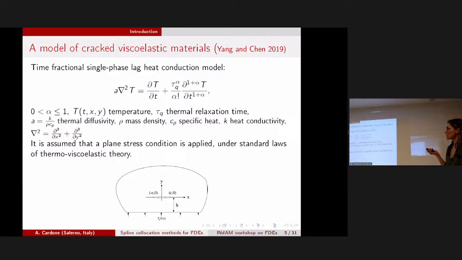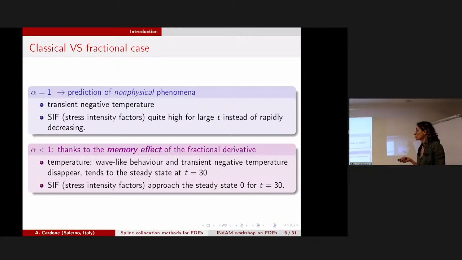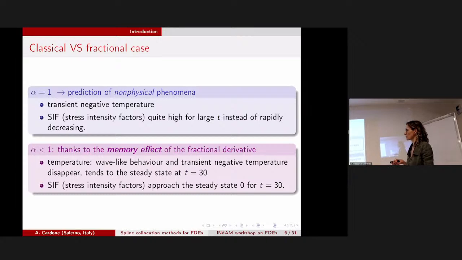If we consider the classical model, some non-physical phenomena can be predicted, as for example, high oscillations of the temperature at the beginning of the interval, or even negative values of the temperature. And moreover, some other bad effects like unsteady big values of the stress intensity factors. While those two effects disappear when the fractional derivative order is less than 1.